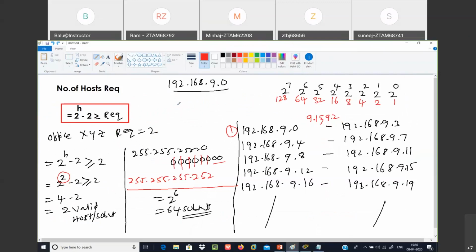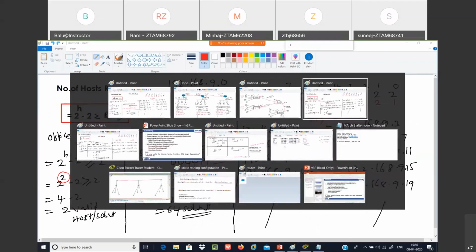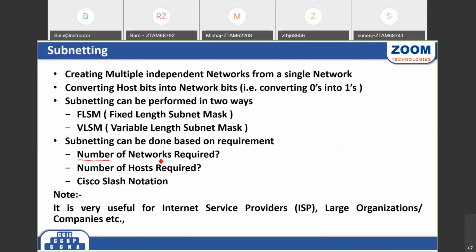Okay, guys. So this is all about the number of networks required and the number of hosts required. Now finally, we'll discuss slash notation, and we'll close the session for today. Okay, let me start with slash notation.